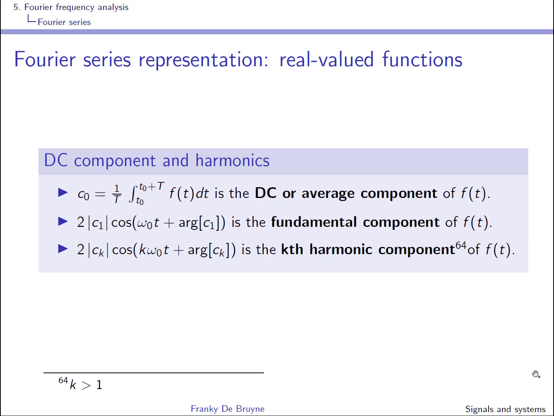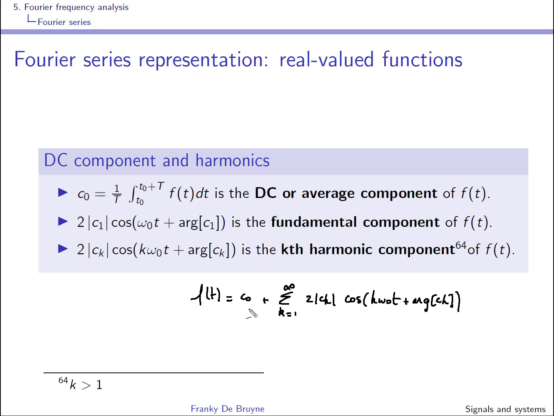So in the previous slide we had written f of t as c0 plus a sum where k goes from 1 to infinity of 2 modulus of ck cosine of k omega 0 t plus the argument of ck.